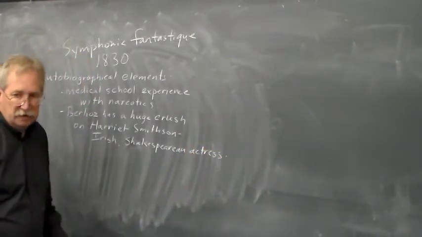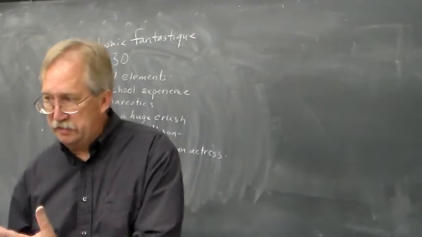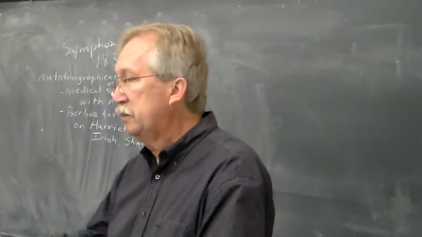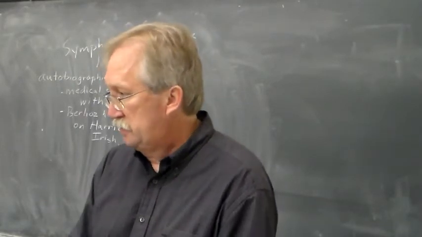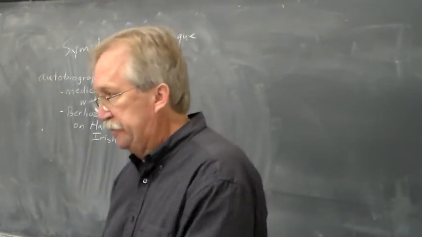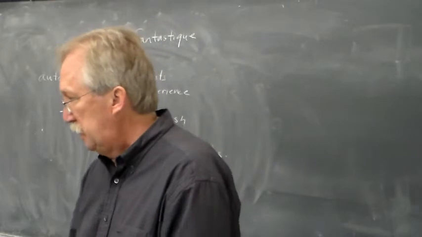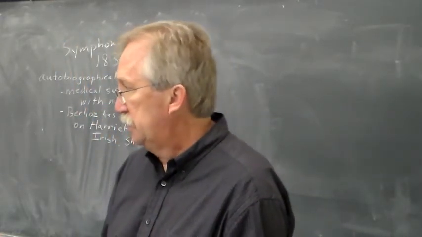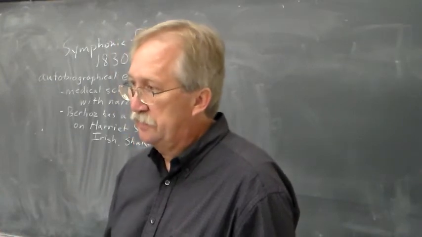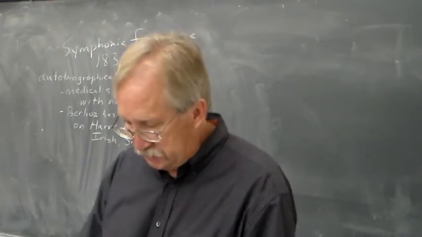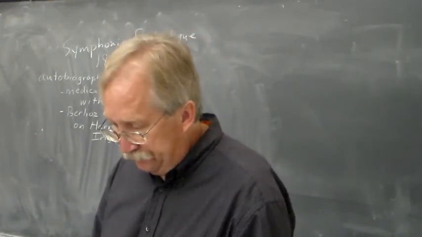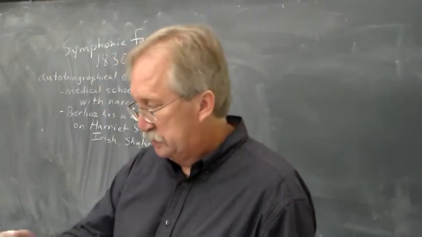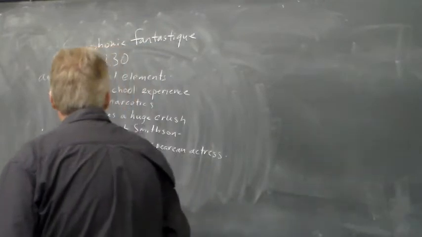And it has this autobiographical element about it. So it's like Berlioz is this young musician who's fallen in love with this woman, and it's unrequited, and so he's just tried to kill himself, and so he comes up with this story that he wrote this symphony for.